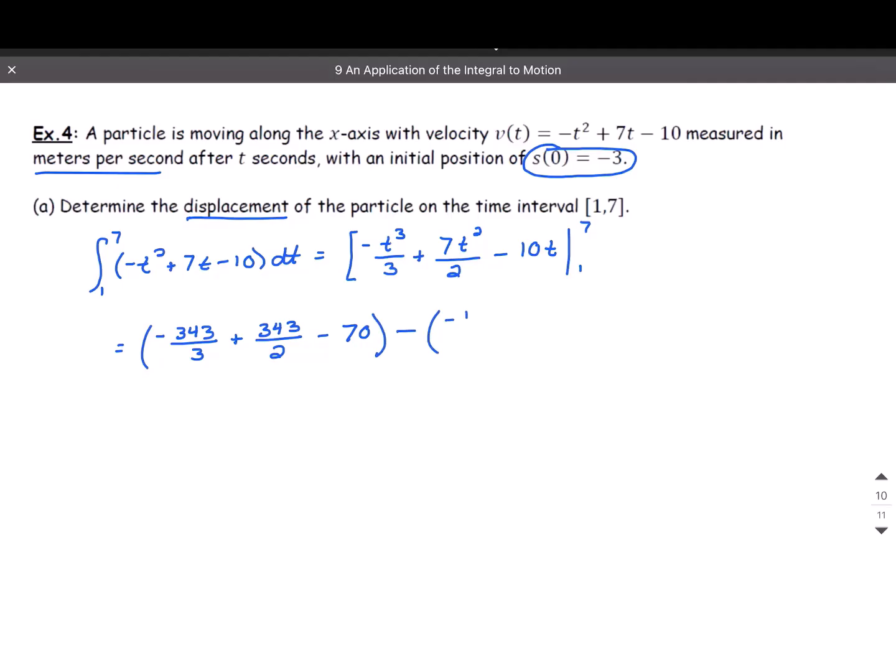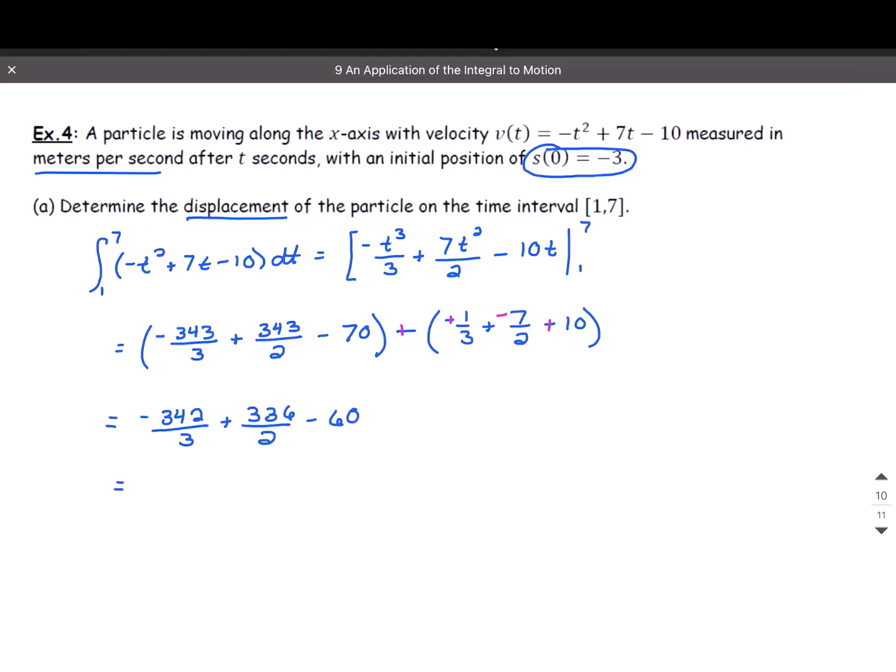So that's going to be negative 1 cubed plus 7 halves minus 10. Now remember, we're going to make this plus and change all the signs behind it. Okay, so that means we've got negative 342 over 3 plus 336 over 2 minus 60.